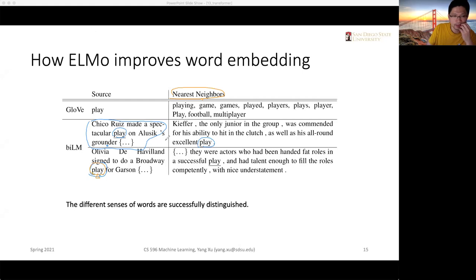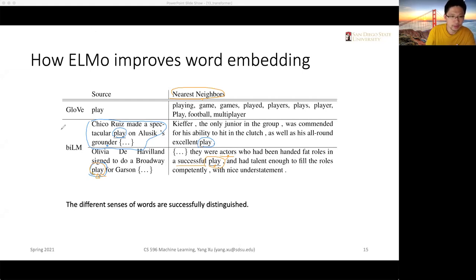And then the orange play here, the drama play, is associated with this play, which, of course, looks more like a play in the context of dramas, right?